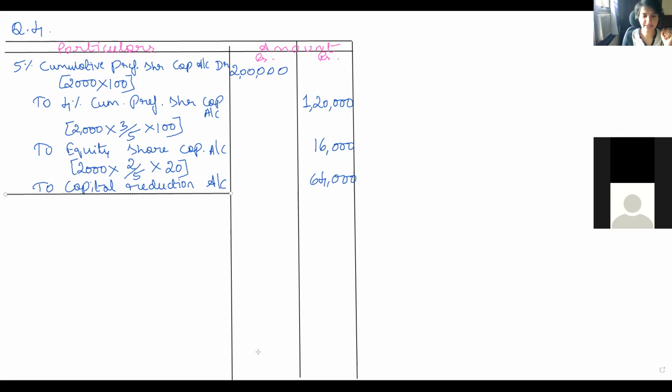Okay, now what is the next entry? Next. Equity share के बदले अभी हम क्या दे रहे हैं उनको? Okay, before that there is a for every ₹10 accumulated arrears of preference dividend, 1 equity share of ₹2 each has been issued. Okay, so abhi preference dividend in arrears. So what is the amount of arrears?